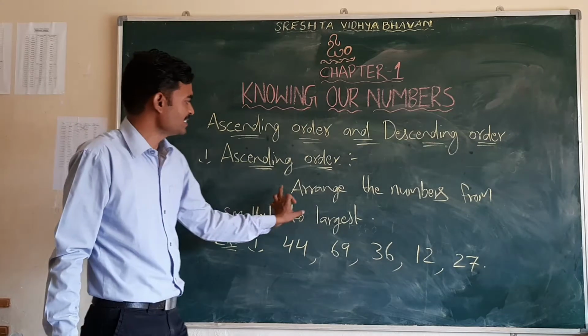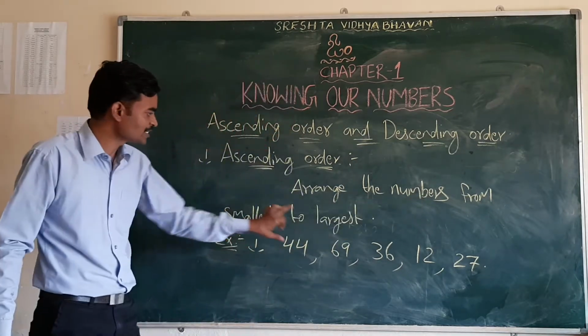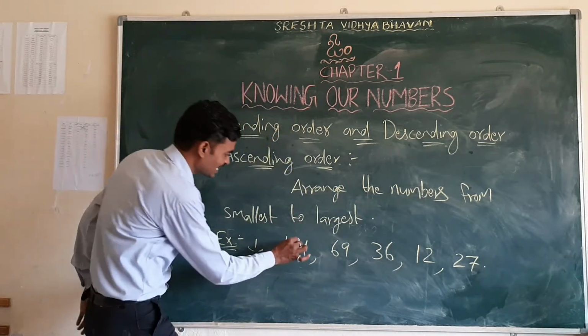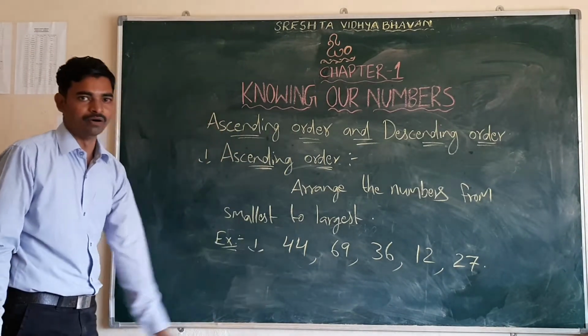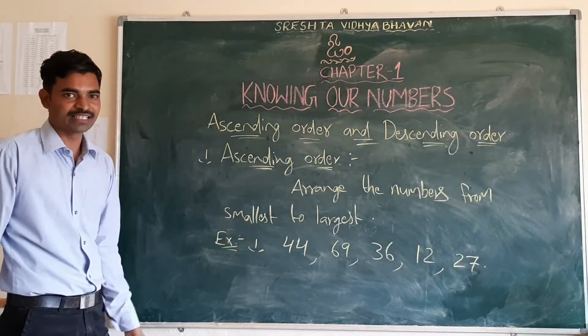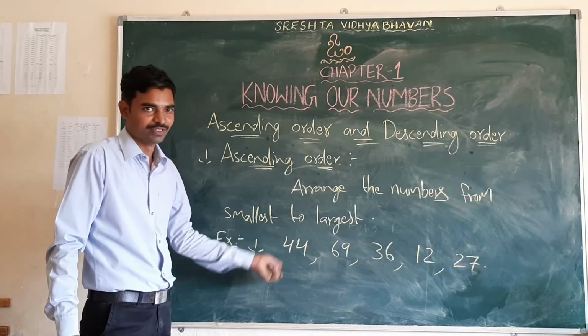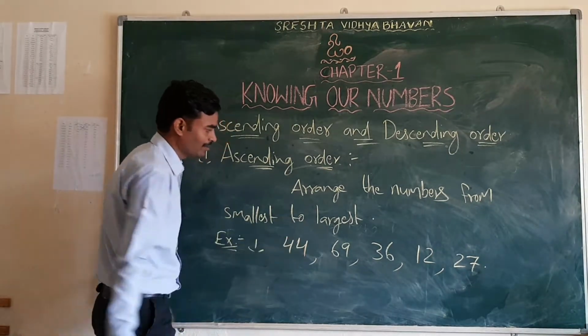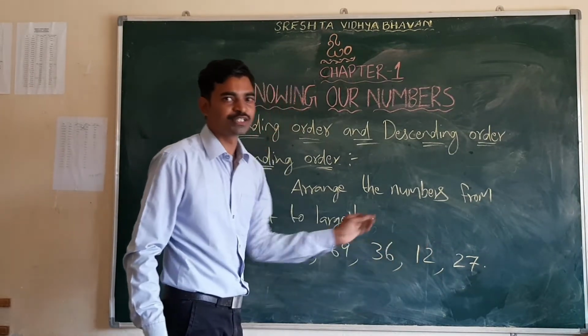Ascending order means arrange the numbers from smallest to largest. In this comparison, we have to compare the numbers. Already we discussed in the previous class about the comparison of numbers. Now we have to compare these 5 numbers. Which one is the smallest number?